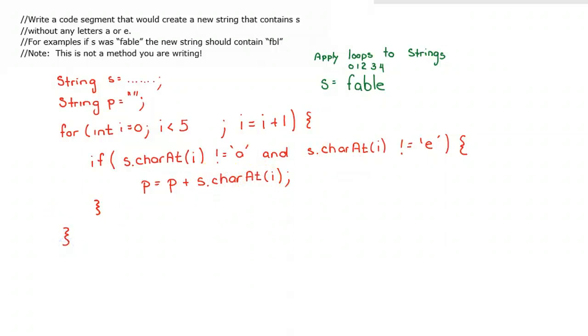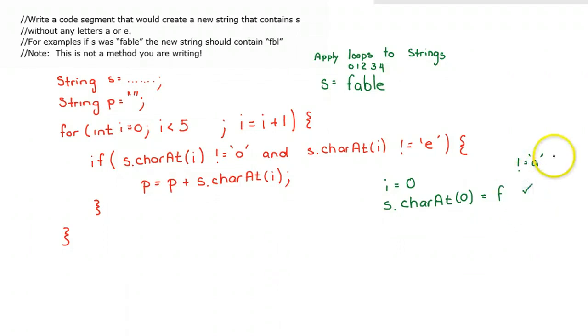So let's just trace through this and kind of imagine how P gets constructed here. So if we imagine this, when I is equal to 0, how am I doing that? I starts at 0. s.charAt(0), that's going to give me F. And is F not equal to A?